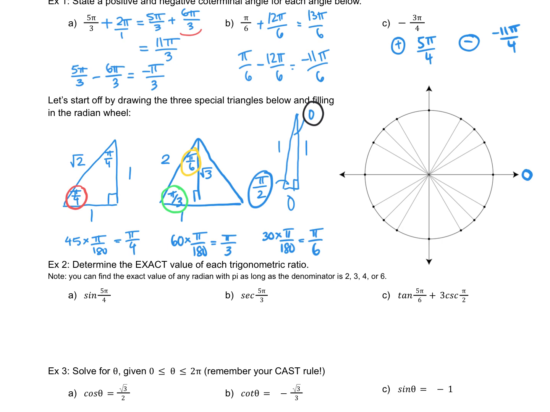Top here would be 90, but in radians, that's pi over 2, half a pi, 0.5 pi. Then we have 180, which is just pi, so 1 pi. And then we have 270, which is 3 pi over 2, or 1.5 pi. And then a full rotation is 2 pi.